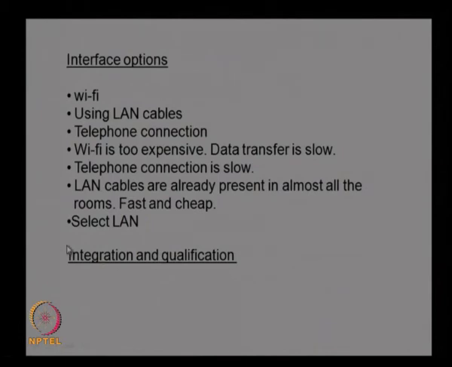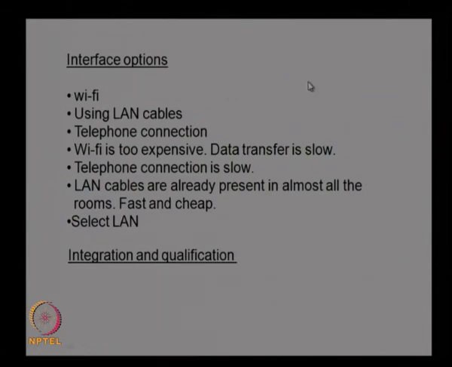And then the next one is the integration and qualification of the interface. So, again when we select one of the interfaces, there will be many interfaces to be chosen. So, we choose all the interfaces, all the components, and then have the system integration and then qualify the system.